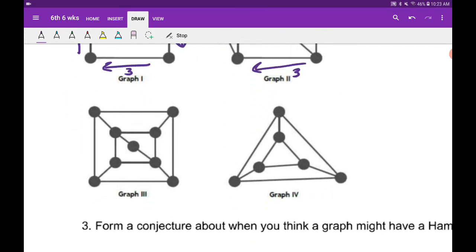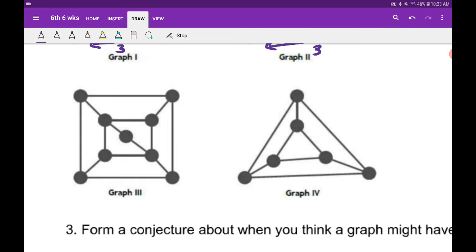All right, let's look at graph 3. On this one, there is no circuit, but I can make a path.